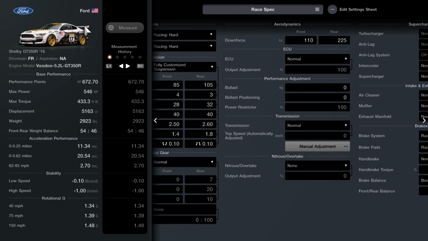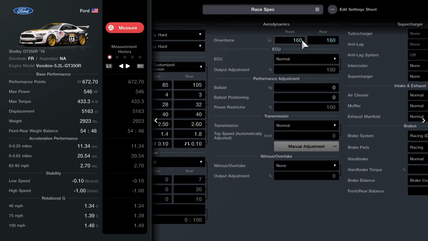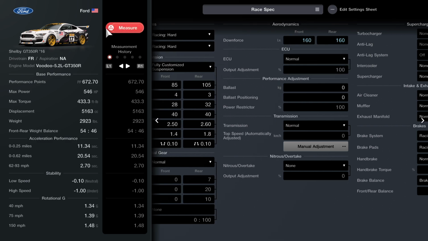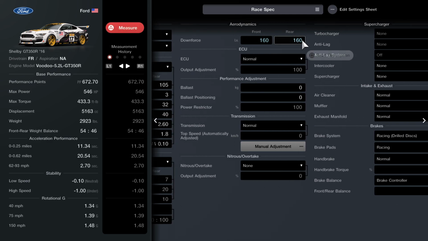Why is that important? Because if you set the values the same, say for instance, set this to 160, set this to 160, this is not balanced. You have way too much downforce on the front than you do the rear, even though these values read the same. It's only because of the surface area.